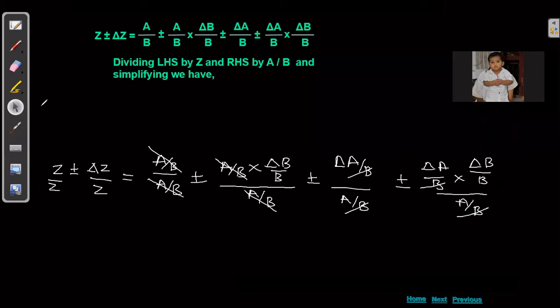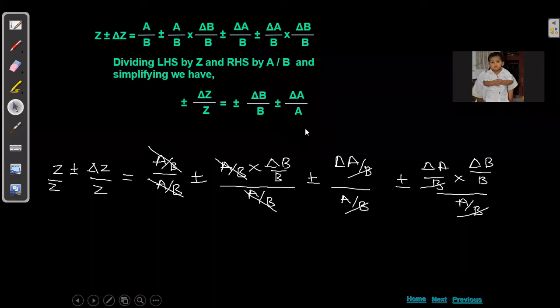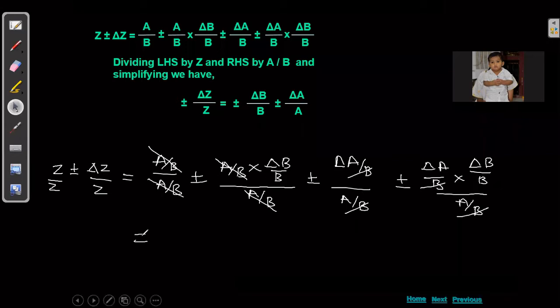Now we'll see that. So what comes there? A minute. Now, what did we write here? I need to write one more step to get this. So what is left out? Z by z is 1 plus or minus delta z by z is equal to 1 plus or minus delta b by b.